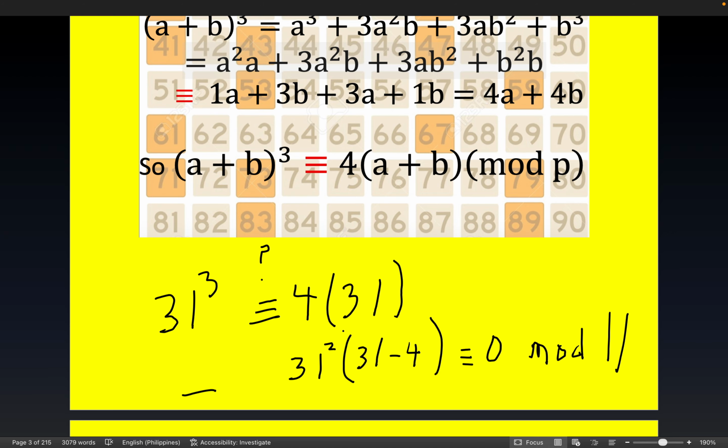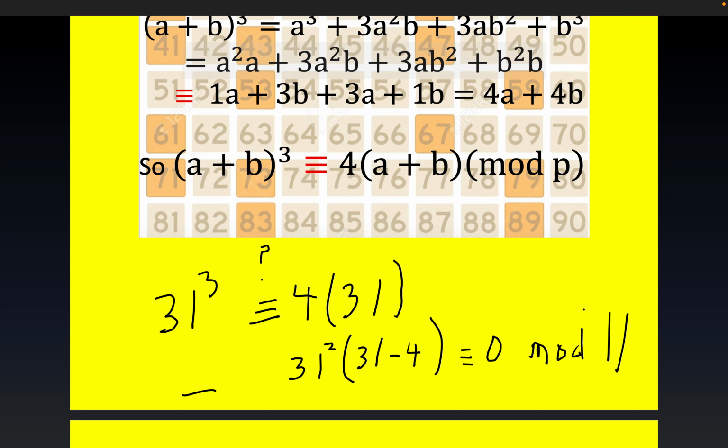Oh, my bad. You can just take out 31, then this is 31 squared minus 4. It's still not clear that that's divisible by 11, though, is it?